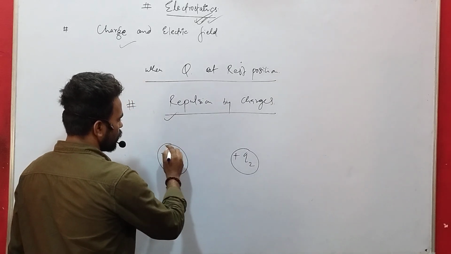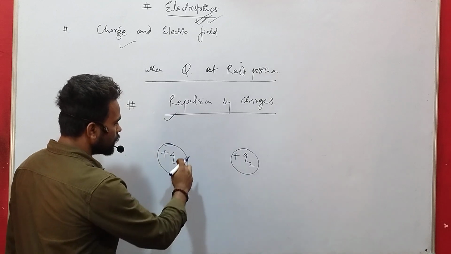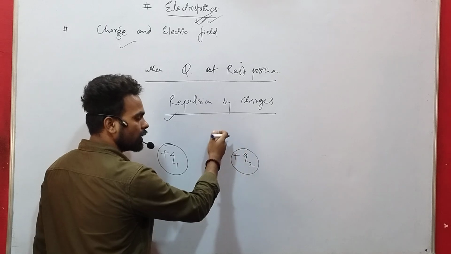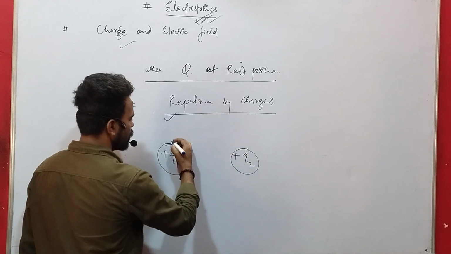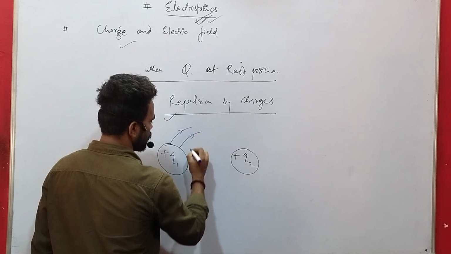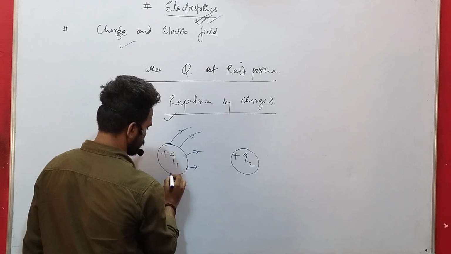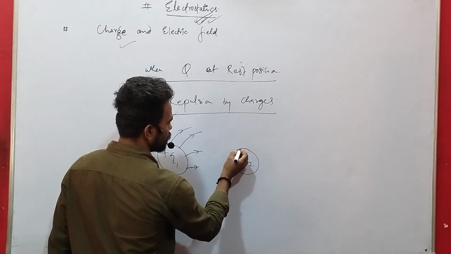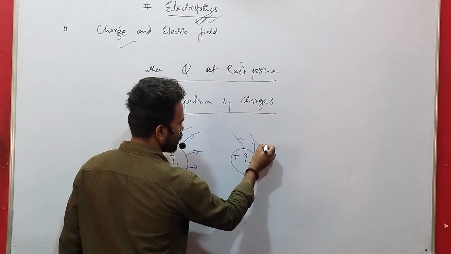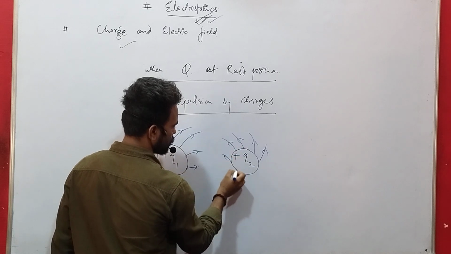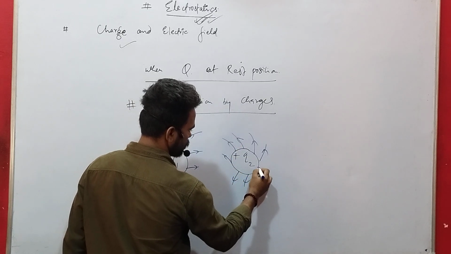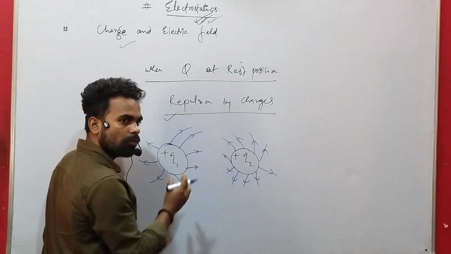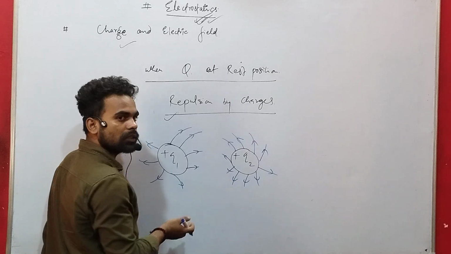We said the q1 charge initiates the electric field in the outward direction, and the same for the direction of the electric field of q2, outward. When both charges come closer, they repel each other.